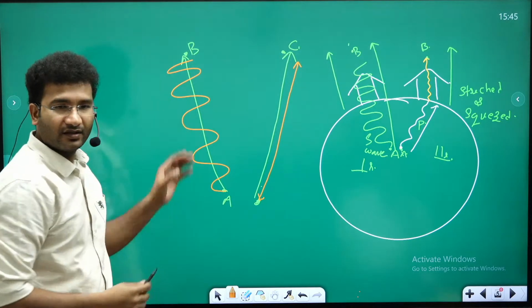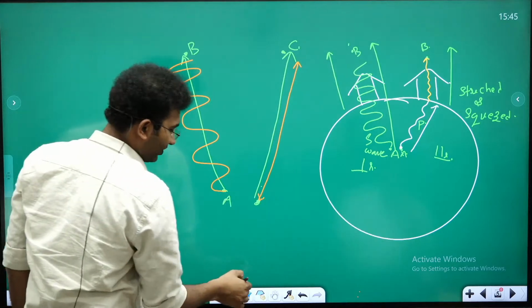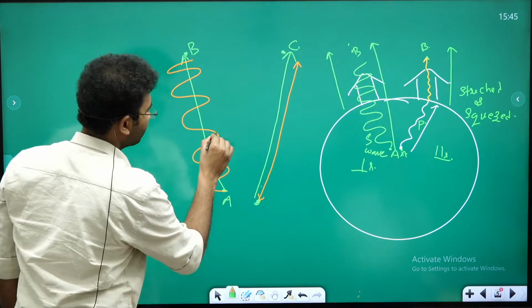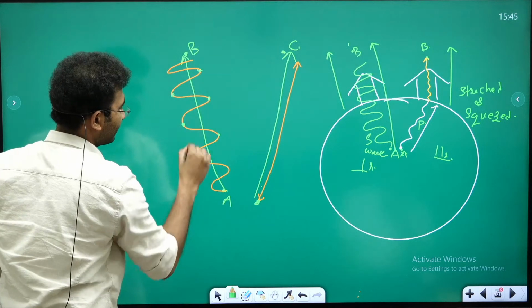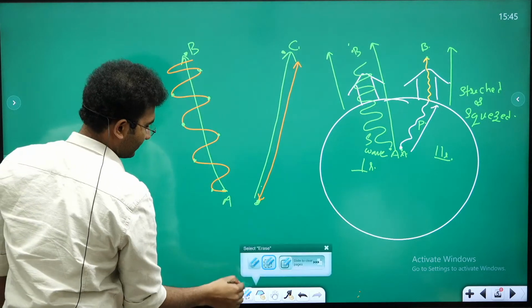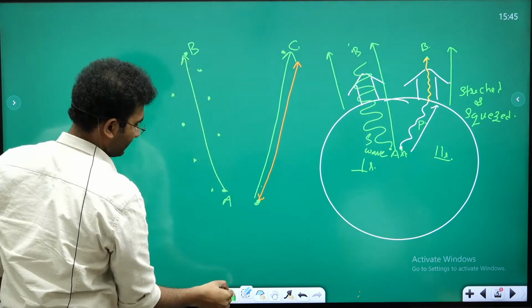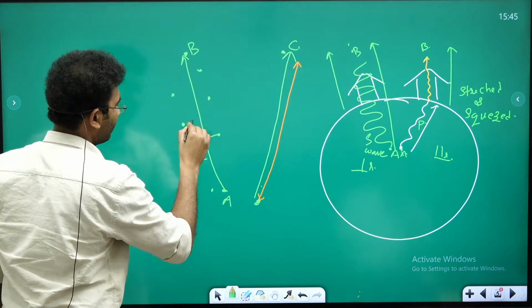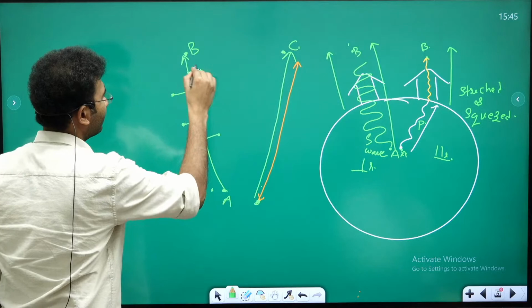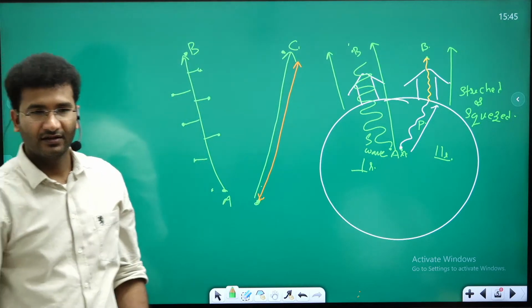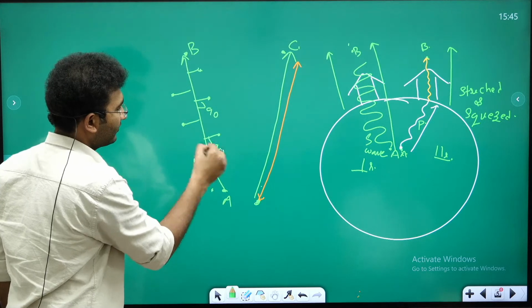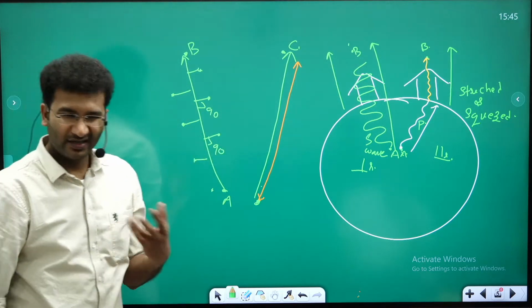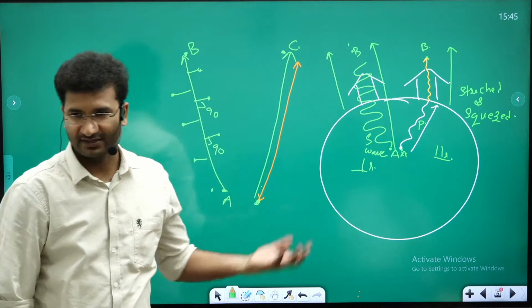Look, here the materials' movement will be like this. In simple terms, imagine these are the points. It is actually perpendicular to the direction of the propagation in which it travels, right? The angle is 90, 90. So this is how it is seen in the simplest way if I have to explain this.